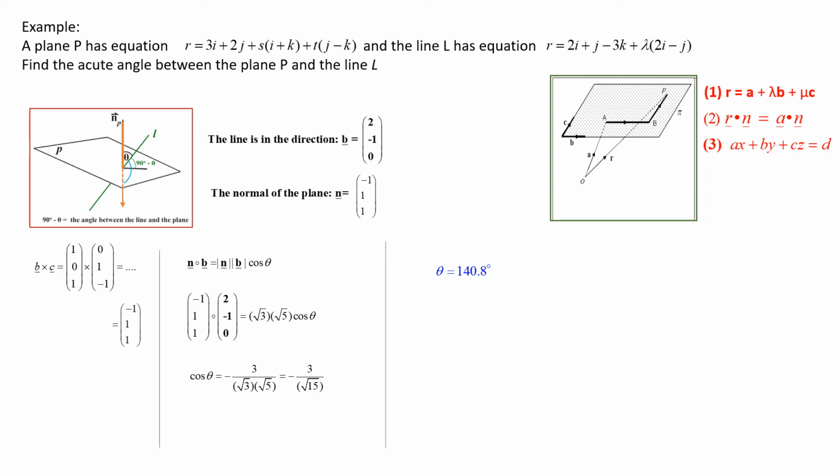So this is the angle 140.8. So now if you want to find the angle between the line and the plane, you need to minus 90 degrees if you refer to this diagram. So the angle between the line and the plane is 50.8.